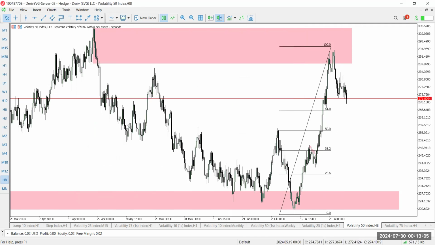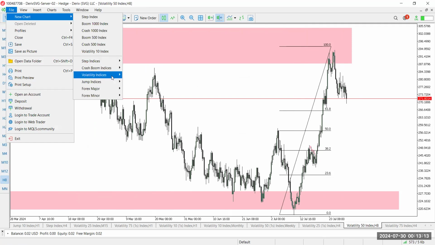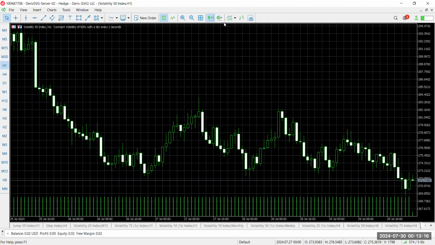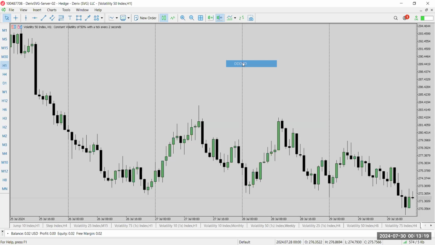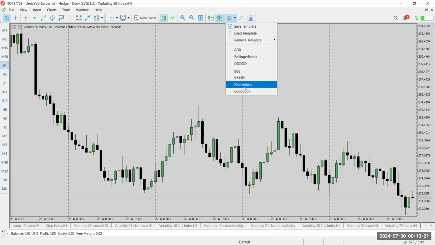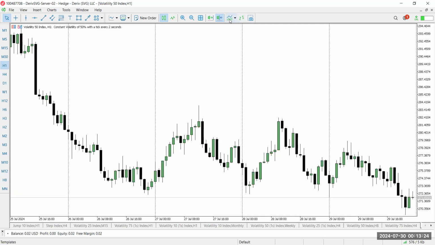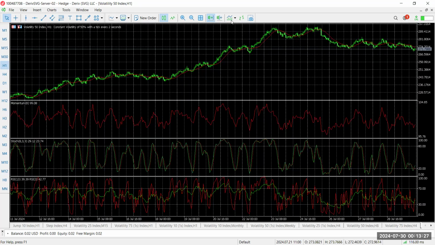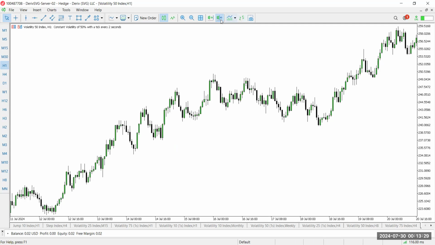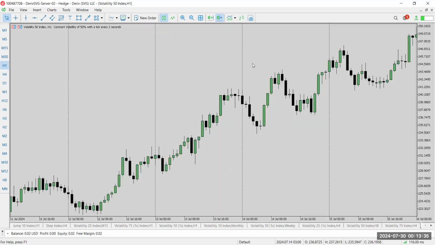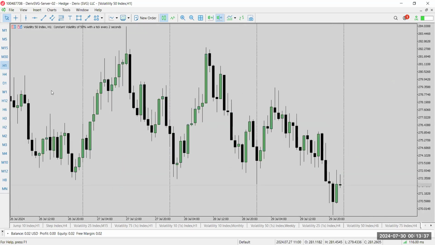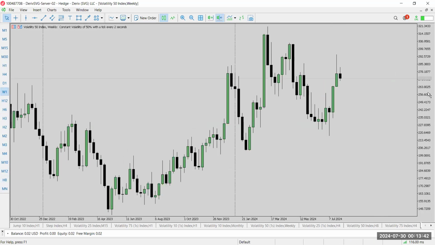On vix50 weekly, let me just get a new chart on vix50 so that I don't disturb this analysis. Great. So on the vix50 weekly time frame, I just want to show you something very, very critical.